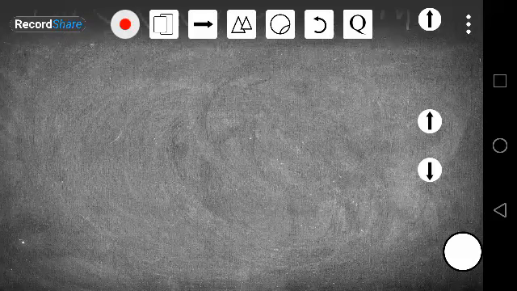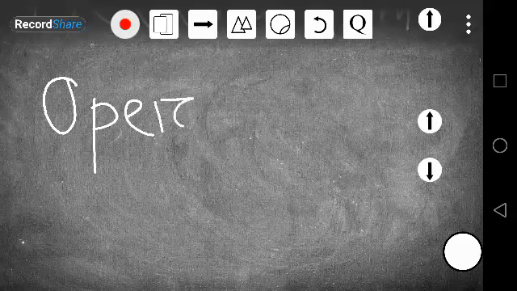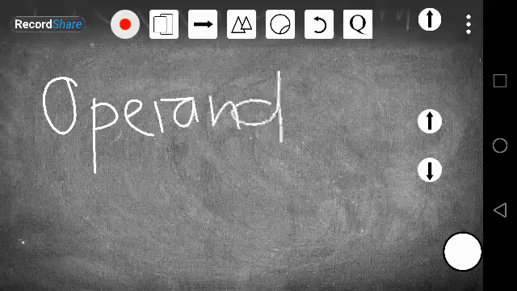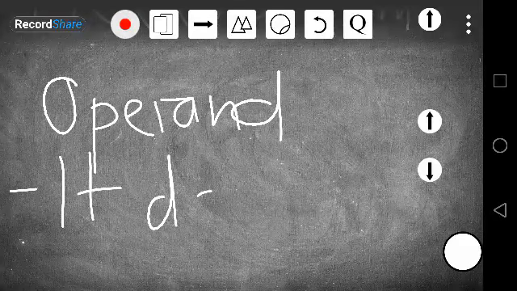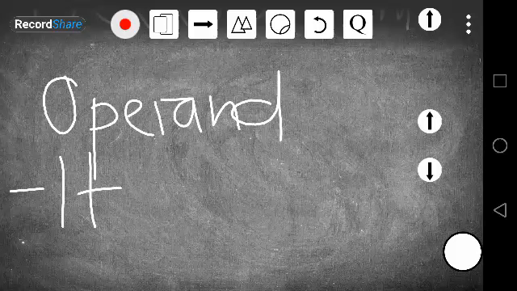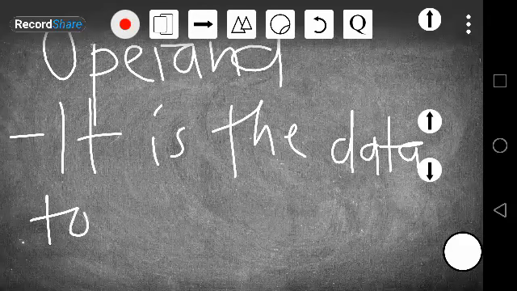Then there's also one thing that I want to discuss with you, something that is called an operand. An operand is the data to be fetched.